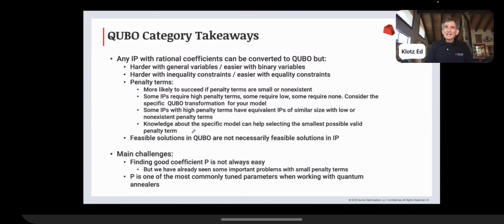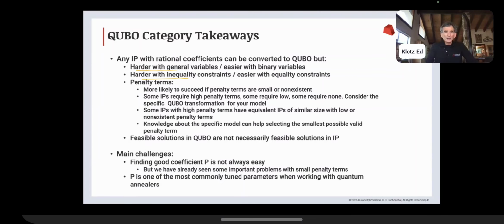So regarding takeaways from these different categories, any integer program with rational coefficients can be converted to a QUBO, but there is additional work with general integers or inequality constraints. Smaller penalties are better.